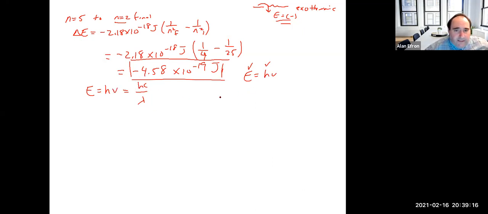So rearranging this, we would get that the frequency is equal to E divided by H. And this is where we do want to turn that negative into a positive. Remember that when we calculate the frequency or the wavelength, it does need to be a positive number. So our energy, 4.58 times 10 to the minus 19 joules, divided by our H, which is Planck's constant.